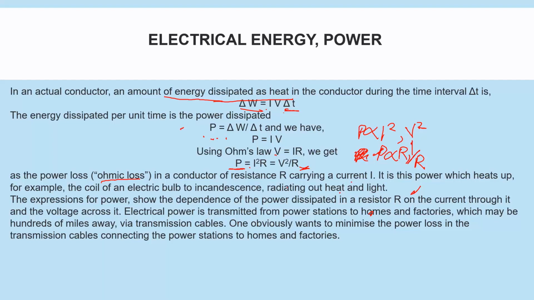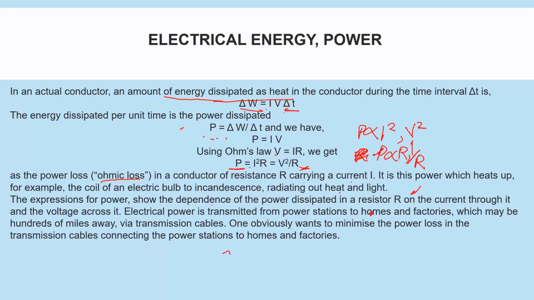As it is dependent on the resistance, and the resistance in itself is dependent on the dimensions of the body through which the current is passing, we have to reduce the power loss in the transmission cables connecting the power stations to the homes.